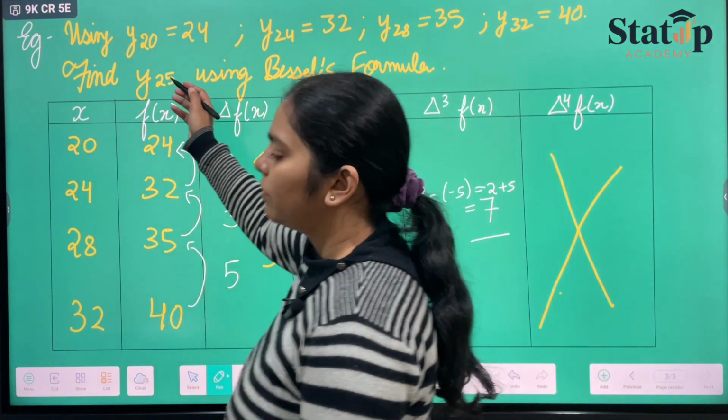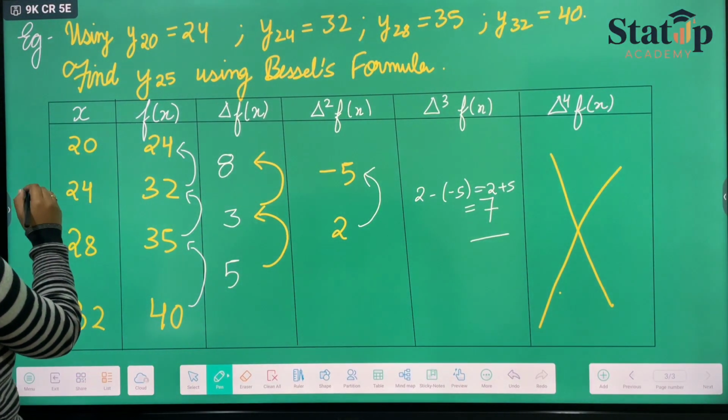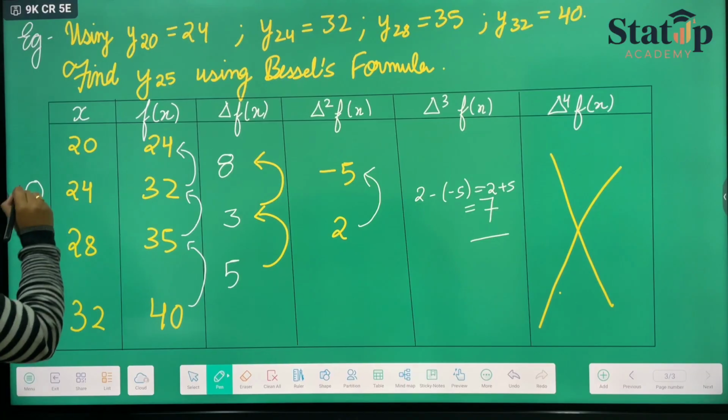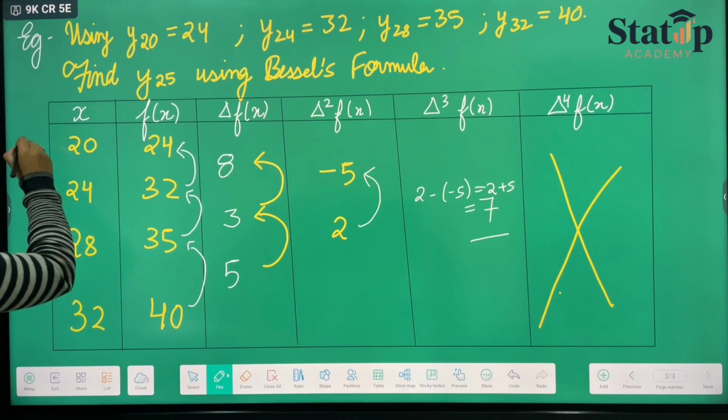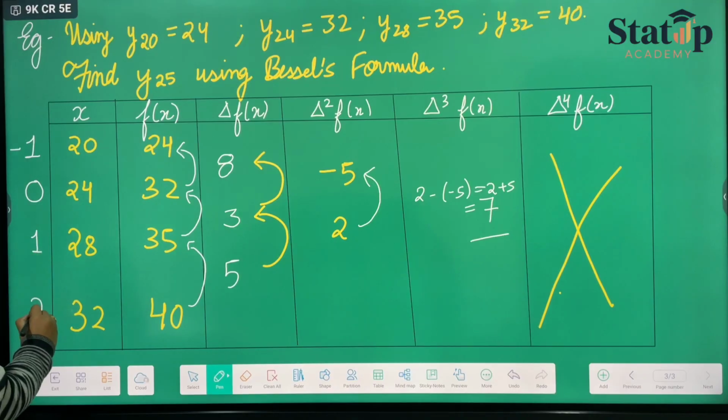Now, since we have to find y of 25, the nearest value of 25 is 24, so we'll keep it at 0 as the starting point. Let us keep the others as minus 1, 1, and 2.